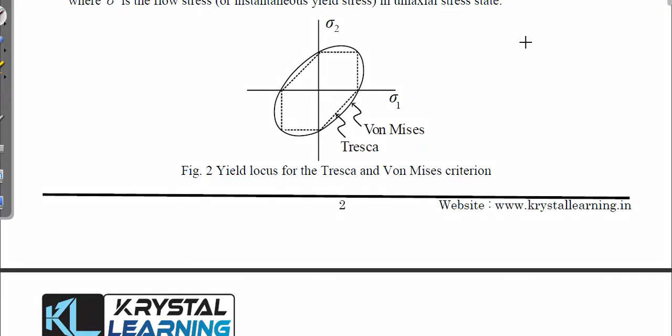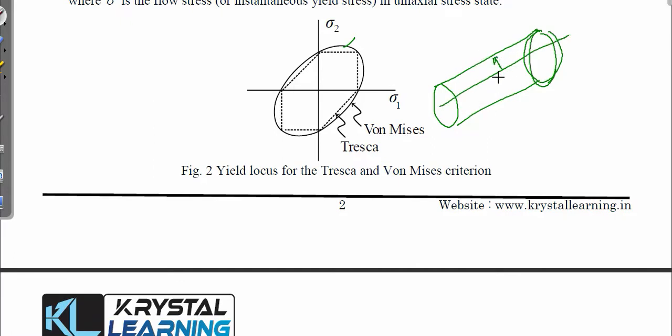If you draw it in 3D, this will be in the form of a cylinder, and this elliptical surface is denoted here. So it is cylindrical, okay, and this is the center line. If you move outside, it means you are increasing the stress values. So when the resultant stress value reaches this surface, that means plastic deformation has started.